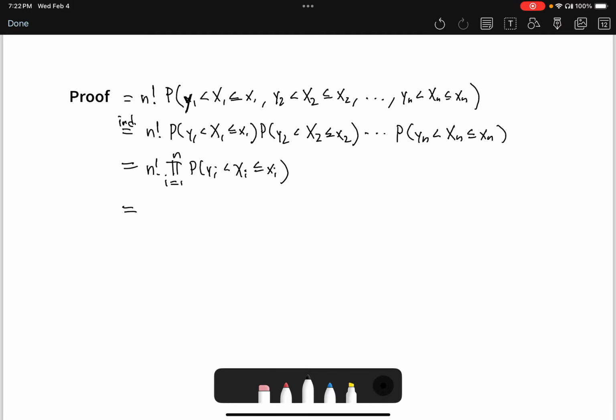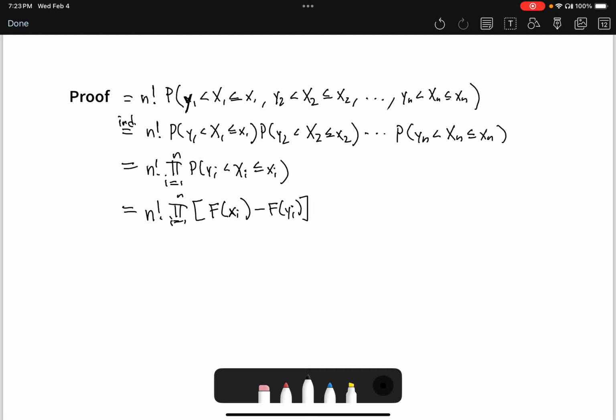And because they have the common CDF function capital F, we can write this probability as the probability that Xi is less than or equal to xi, the CDF function evaluated at xi, and we subtract the probability that Xi is less than or equal to yi, and so we get the product being that.